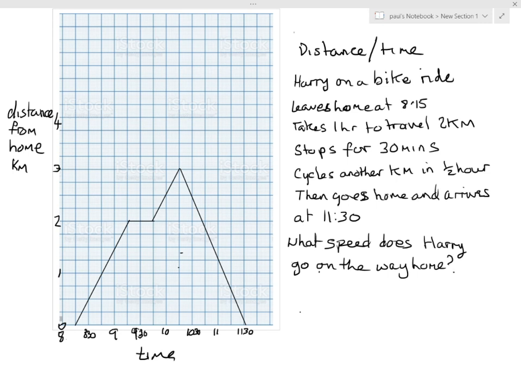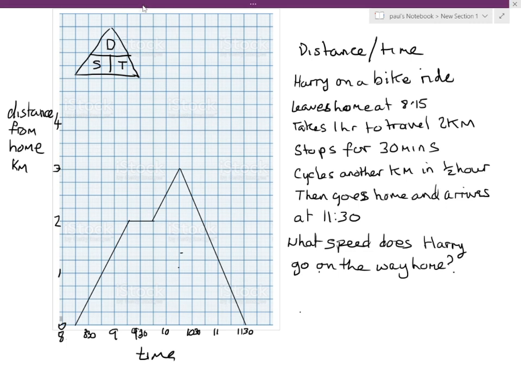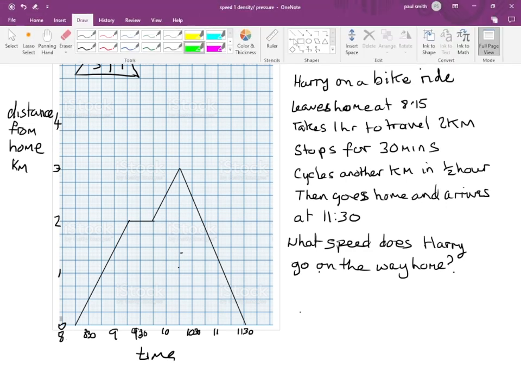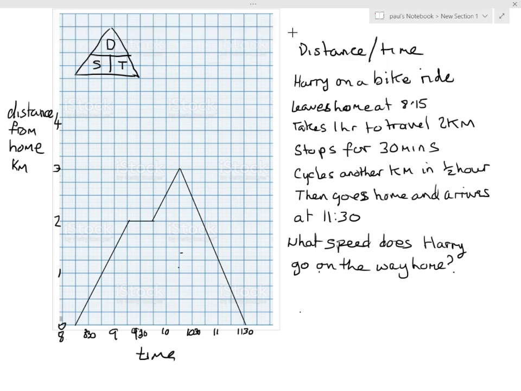Right. So we go back to the triangle, the first part of this lesson 15, and we need this, don't we? We need the speed, the time, and the distance. So we're looking for the speed on this journey. Let me just highlight that journey there. So we're looking for the speed on that journey.